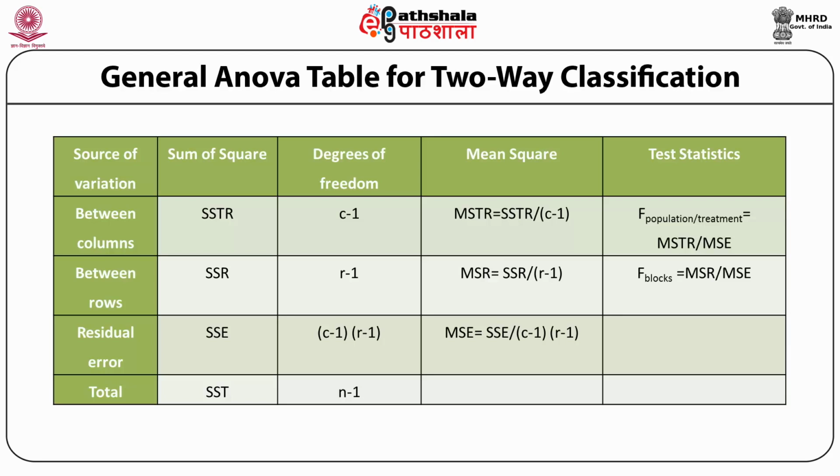And when you calculate the F ratio for the treatment, it is MSTR upon MSE, or if we are talking about the blocks, then it is MSR upon the MSE.